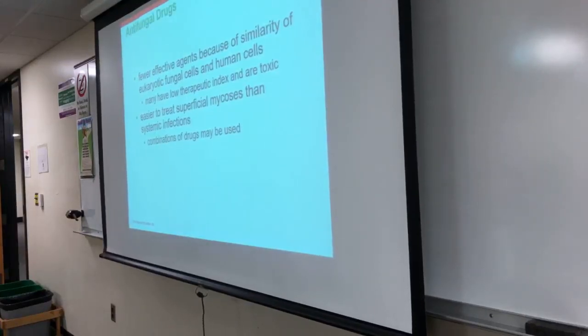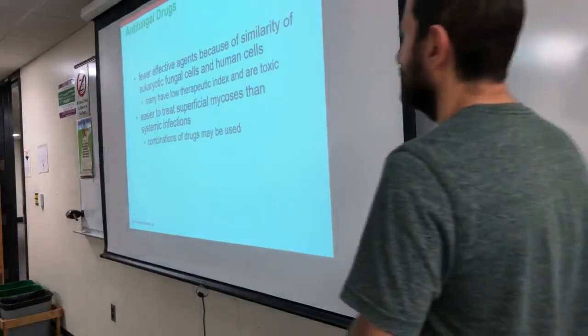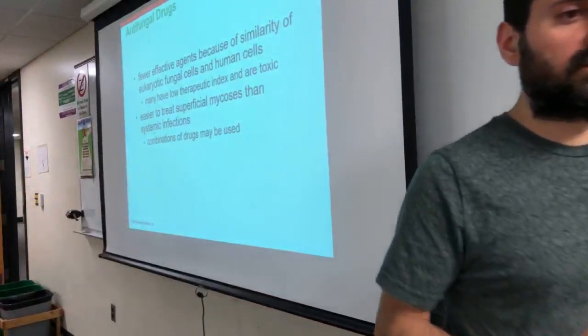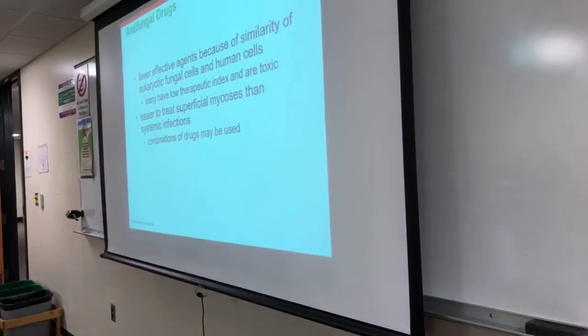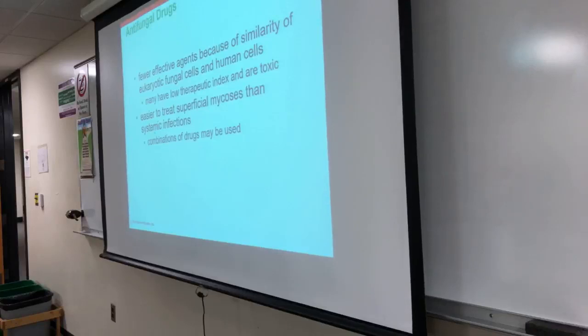And moving on, antifungal drugs. This is a good thing to know: how come it's hard to find antifungal drugs that have a high therapeutic index, that are very potent against the fungus, but not you? Because fungi are eukaryotic, they're similar to you, right? Eukaryotes are more genetically related to you. It's harder to make drugs against their proteins because their proteins look like your proteins and their genes are like your genes.